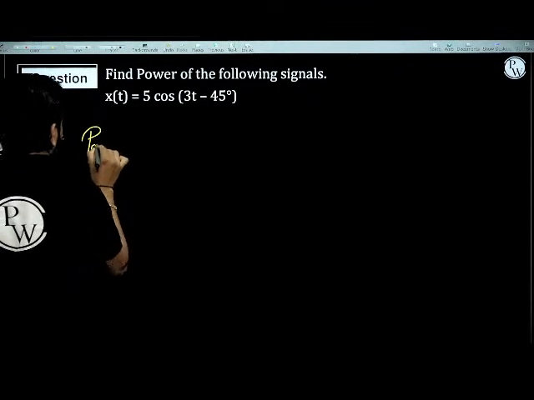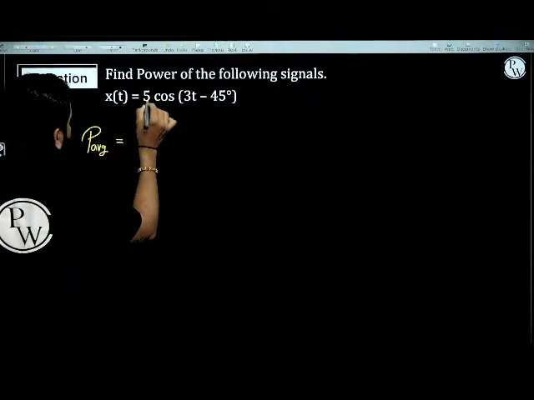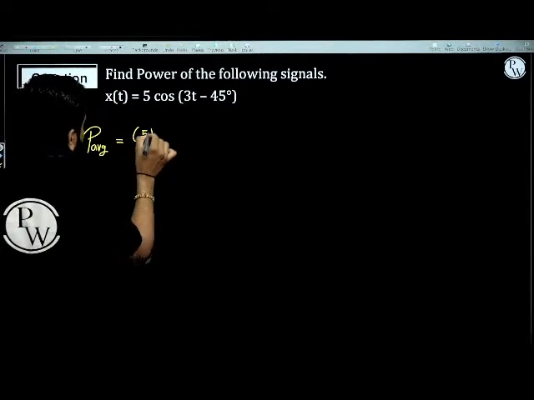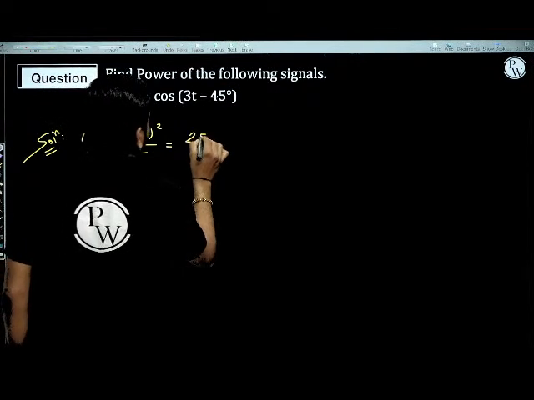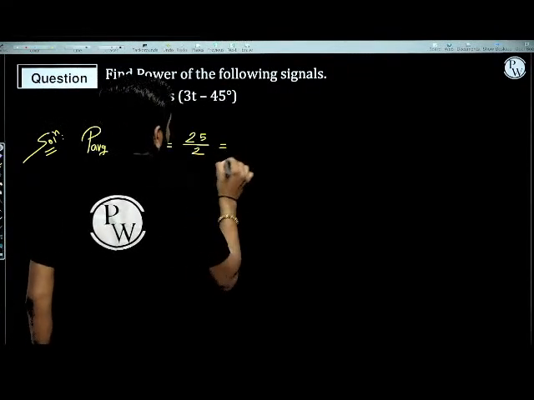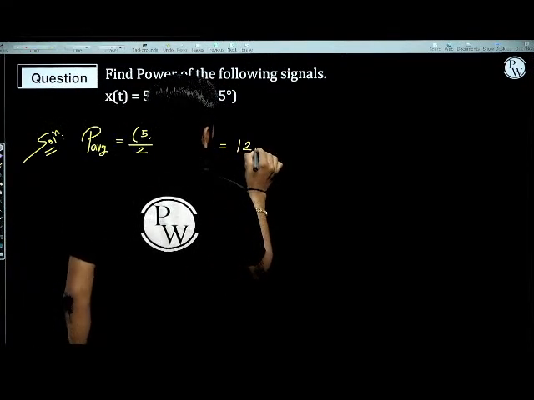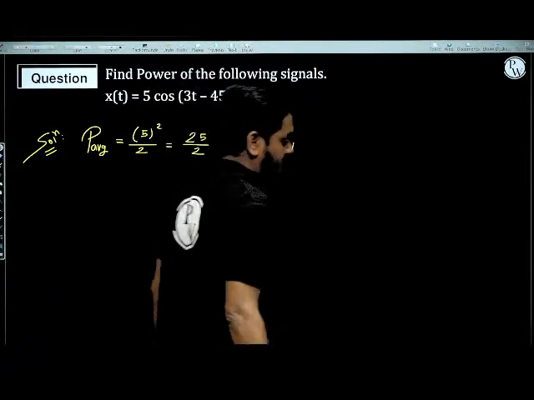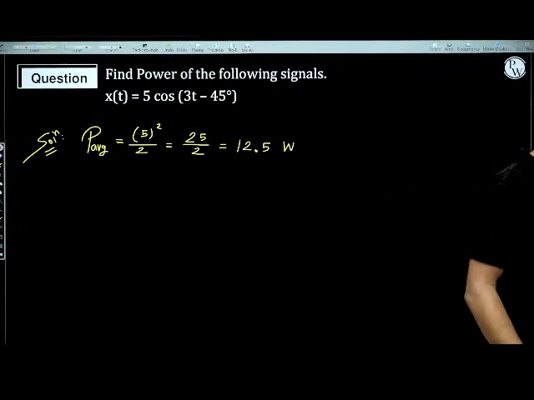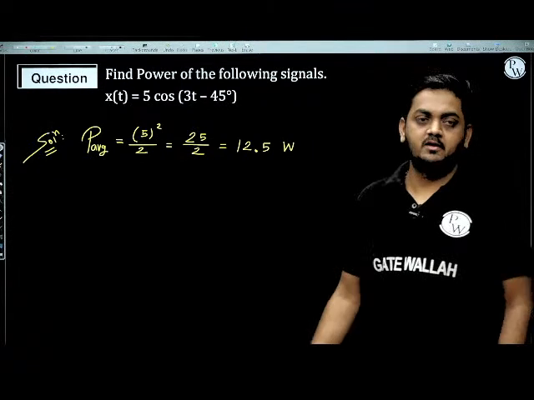Peak value is 5, so 5 square divided by 2, which is 25 divided by 2, so it is 12.5 watt. The average power is 12.5 watt.